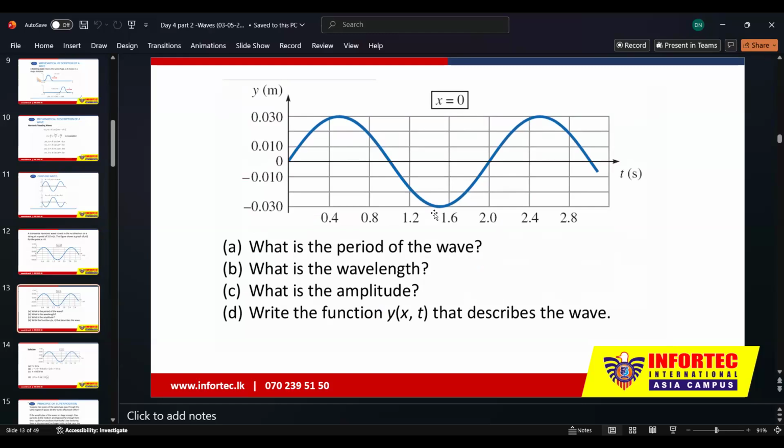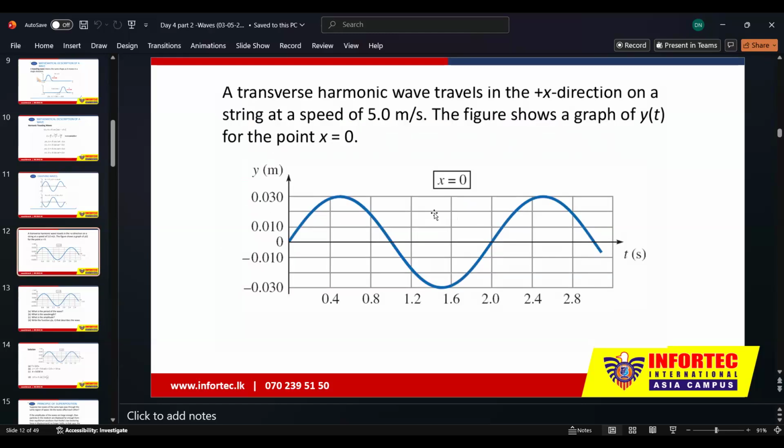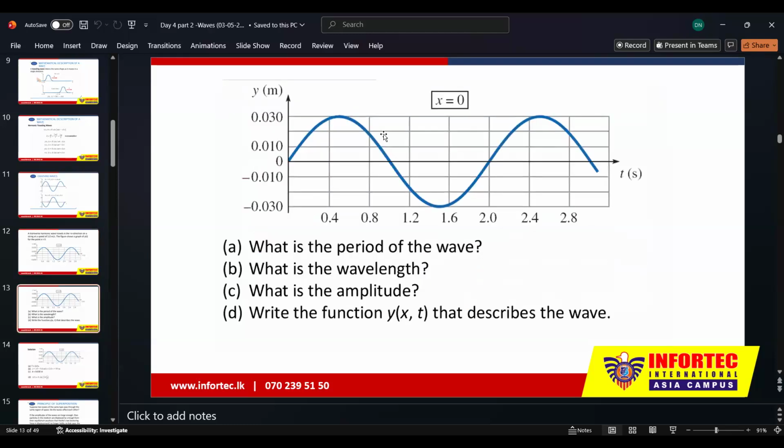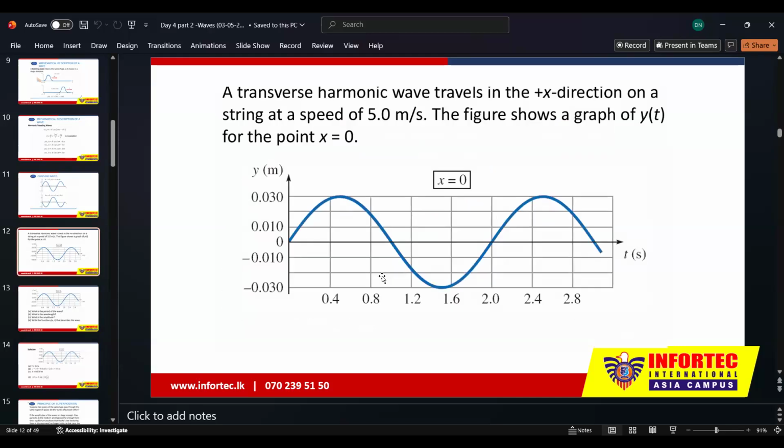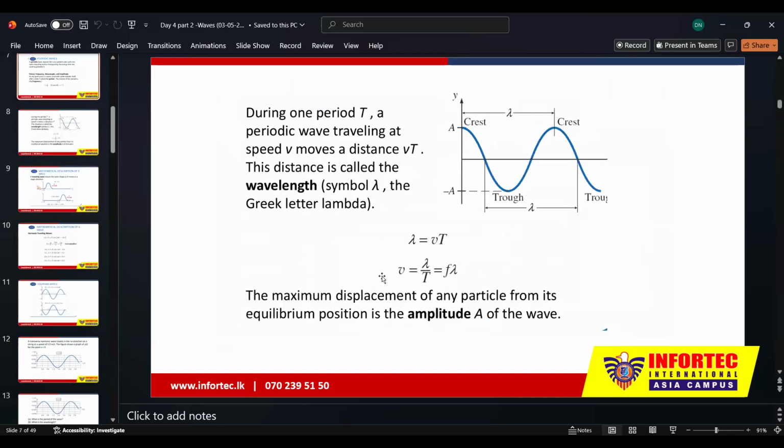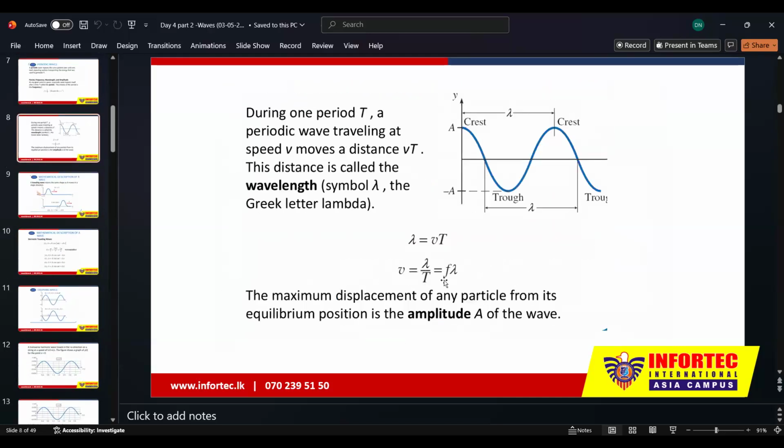Time for one revolution. And wavelength: wavelength we can find using the equation. It is mentioned that the speed is 5 m s^-1.